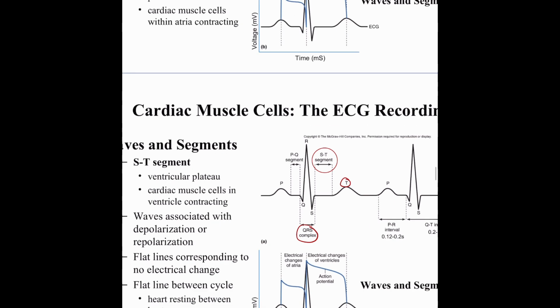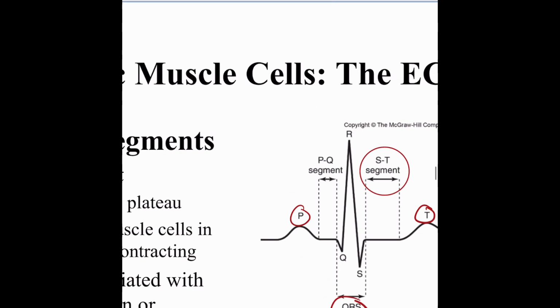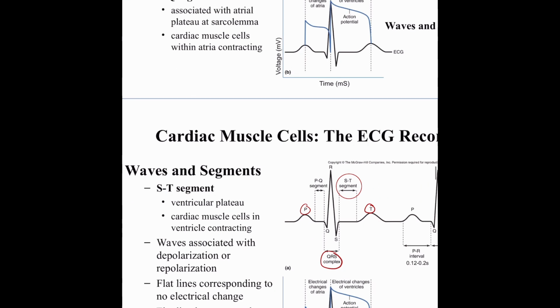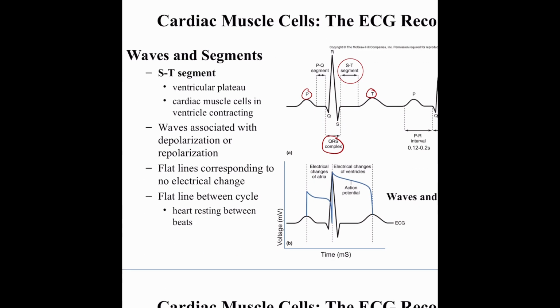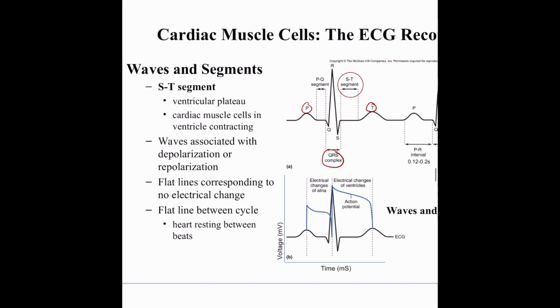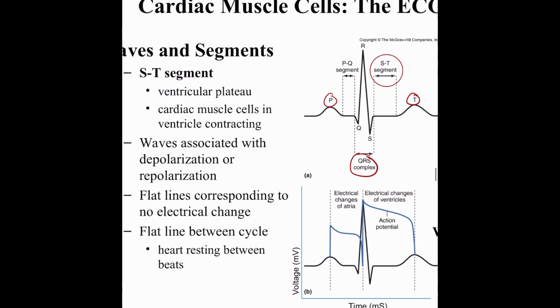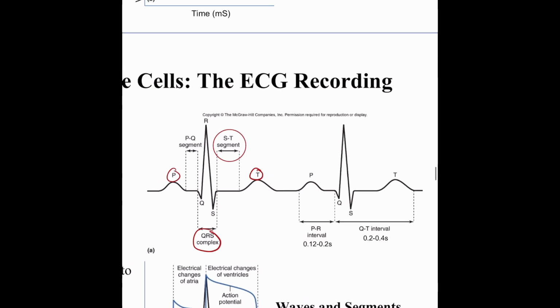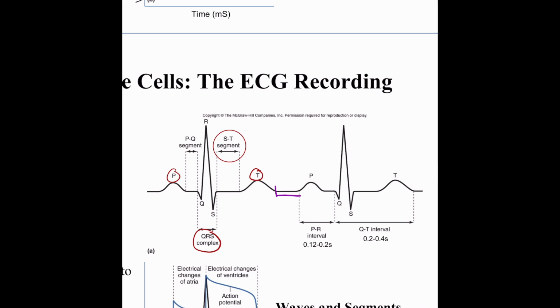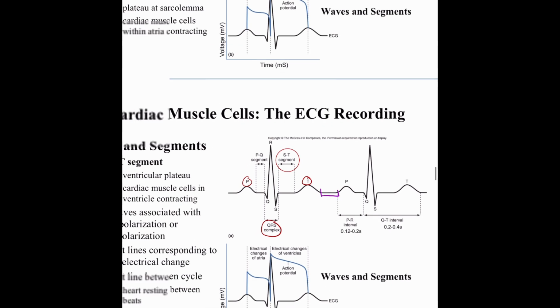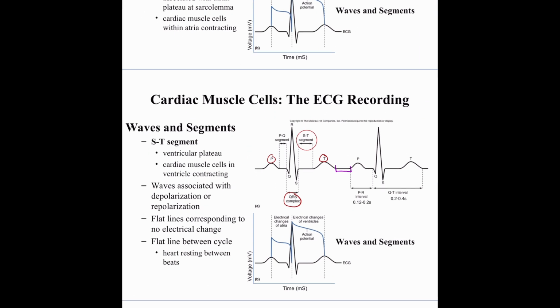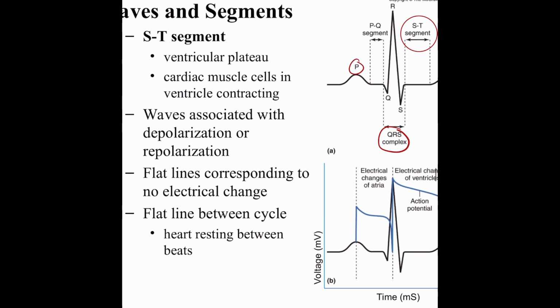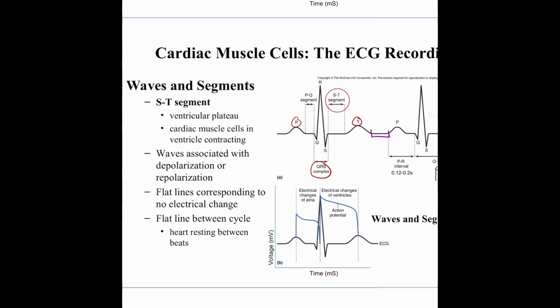And then our ST is the ventricular plateau. So again, going back to it, the cardiac muscle cells have that plateau, whereas the nodal cells do not have that plateau. The ST segment is the ventricular plateau, so the cardiac muscle cells in the ventricle are contracting.